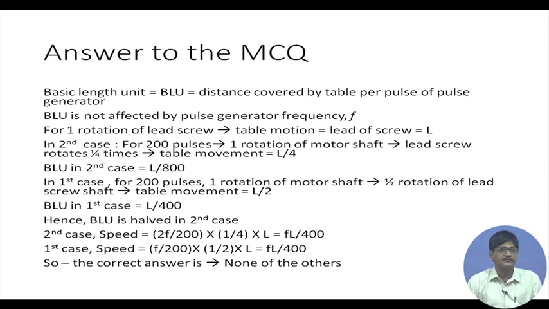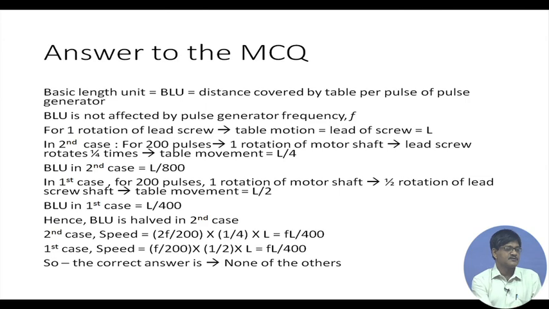That is good. And in the first case, it will be F/200 giving the motor rotation, multiplied by half, that gives us the lead screw rotation, multiplied by L gives us F L/400. So, essentially the speed is remaining the same.